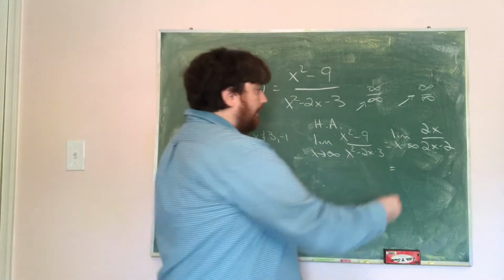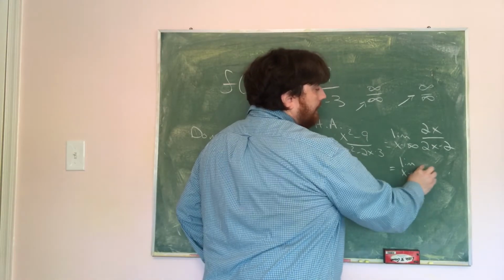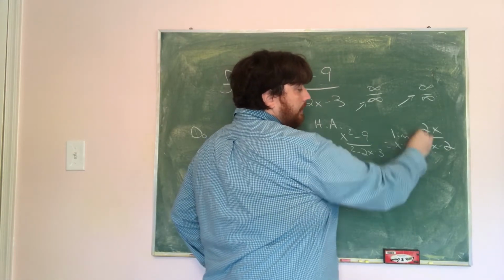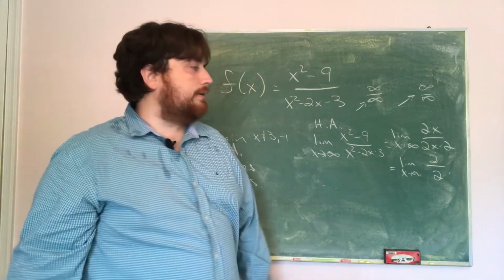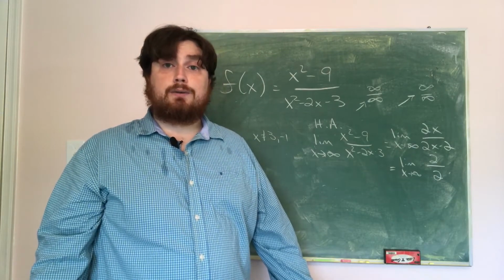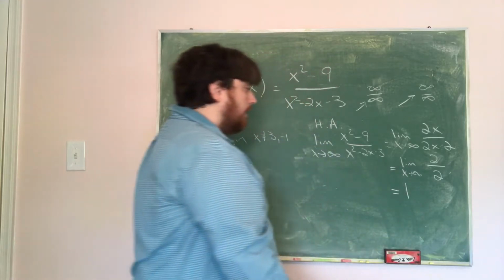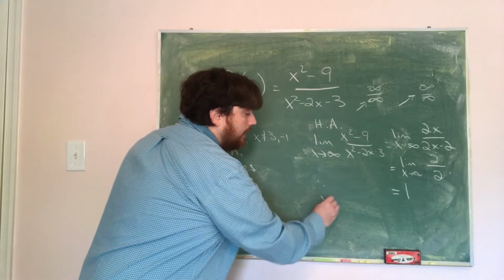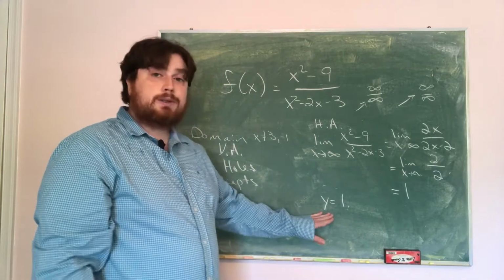So now the limit as x goes towards infinity of 2x over 2x minus 2 is going to be the limit as x goes towards infinity. The derivative of 2x is 2. And 2 minus 0 is 2. So I get the limit as x goes towards infinity of 2 divided by 2, which is precisely just 1. Therefore, since we got a number out, we get a horizontal asymptote at y equals 1.